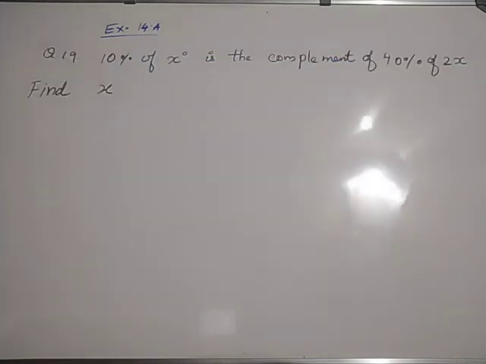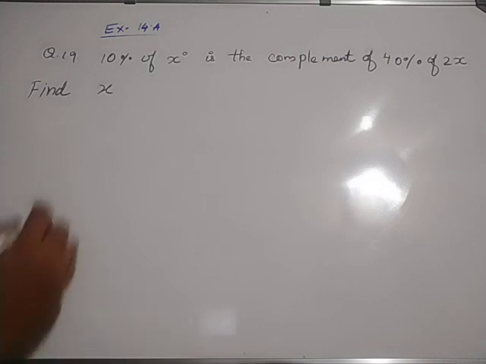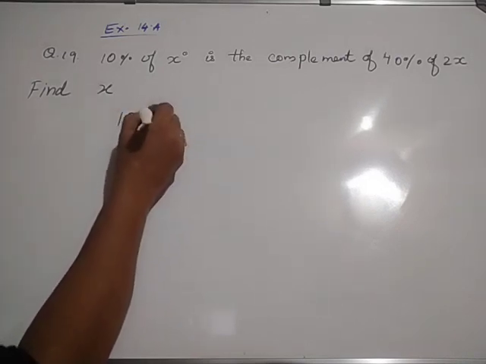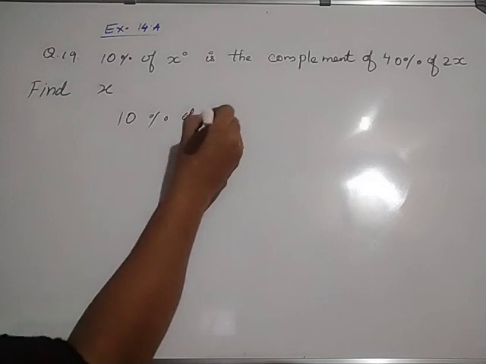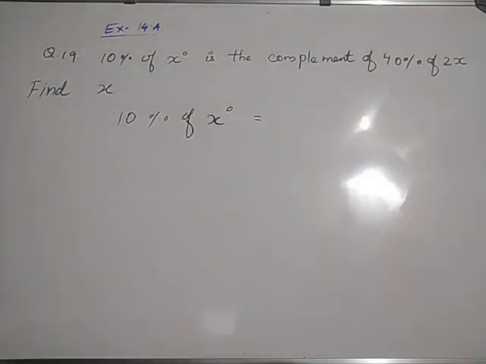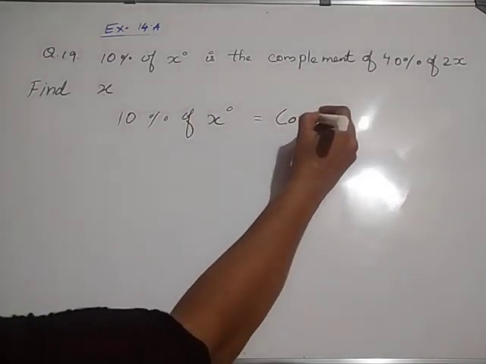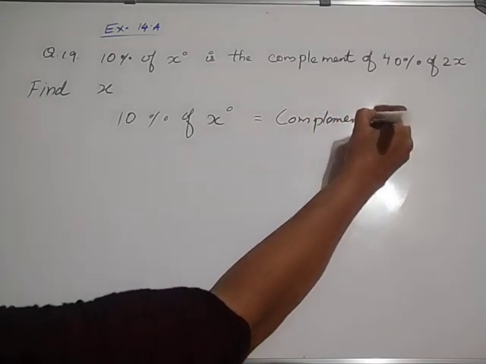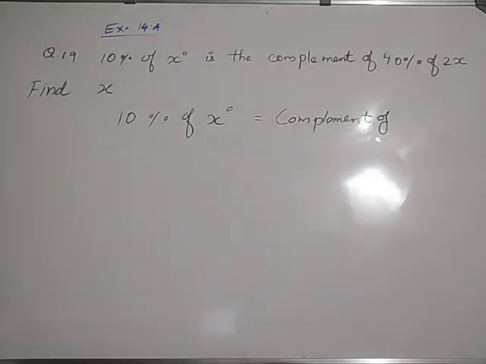Question 19. 10% of x degrees is the complement of 40% of 2x. Find x. Let us write that. 10% of x degrees is equal to the complement of 40% of 2x.